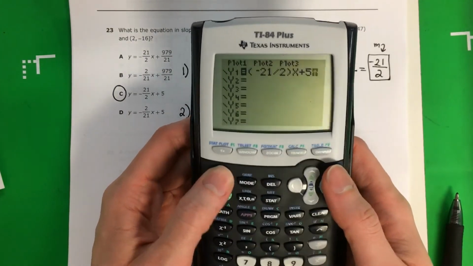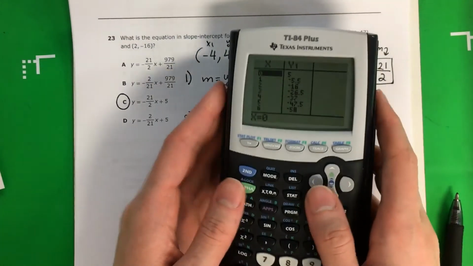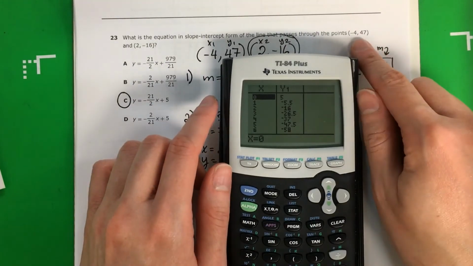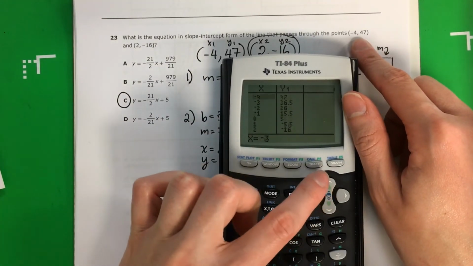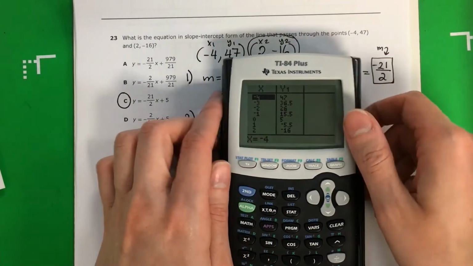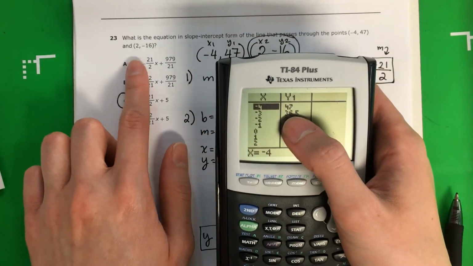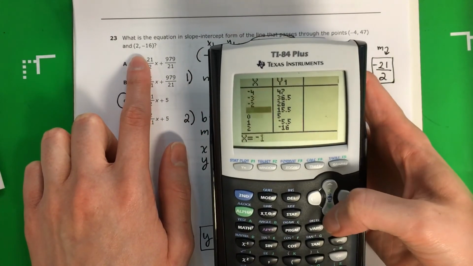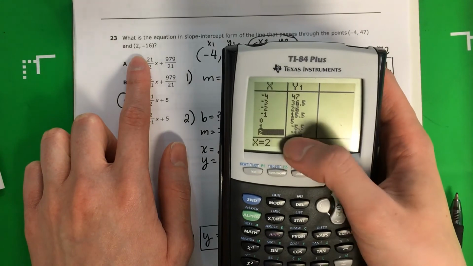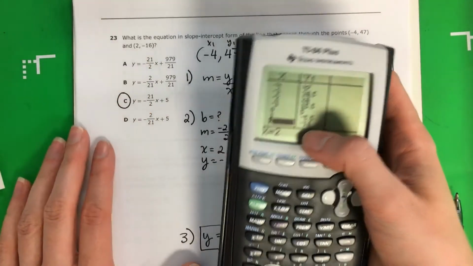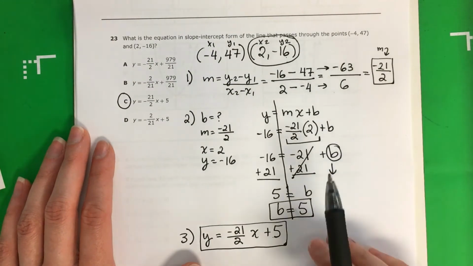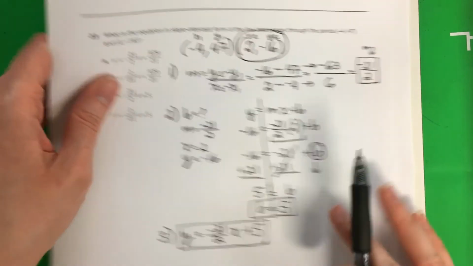I'm going to go to the table, second graph, and I'm going to go to negative 4 and see if it's 47. Yes, it is. That looks good. And then check 2, negative 16. Yes, that looks good. Okay, so that's my answer. Looks like C is my answer.